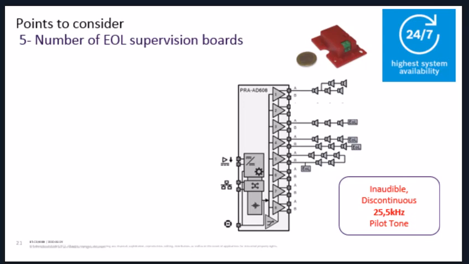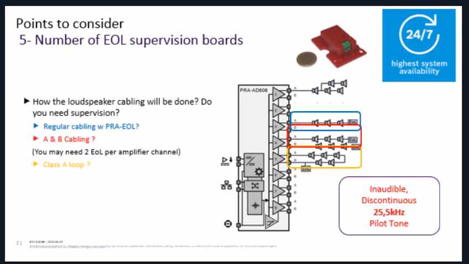This is the smallest end-of-line board so far, I would say. You see the picture on top. It's really small. And of course, PRAESENSA supports all the known connections for loudspeaker cabling in the market today.